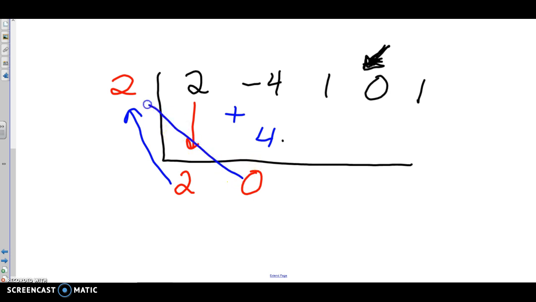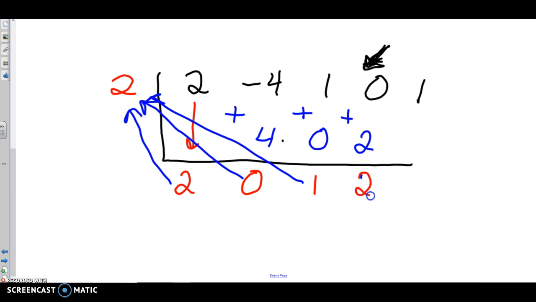I'm then going to multiply by the 2, and I get 0. I'm then going to add and get 1. Multiply, 2, add, get 2, multiply, and get 4, add, and I get 5.